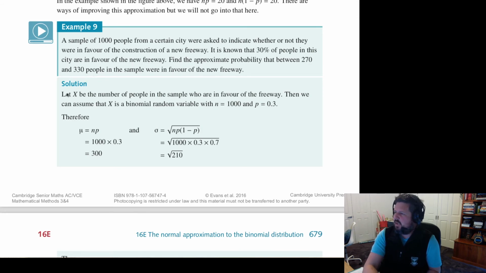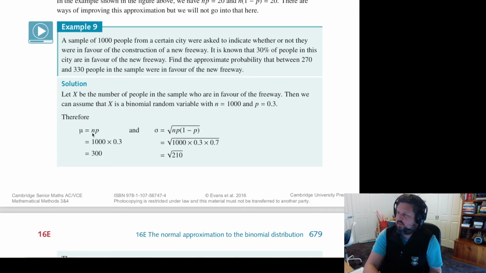We need to find the variable x, being the number of people in the sample who are in favour of the freeway. Then you can assume that x is a binomial random variable with n equal to 1,000, and the probability was 30%, so p is equal to 0.3. Now we can run the calculation for the standard deviation and also the mean.